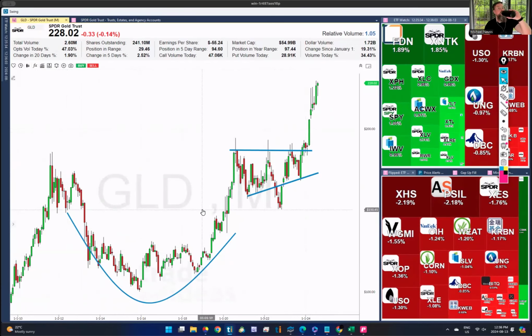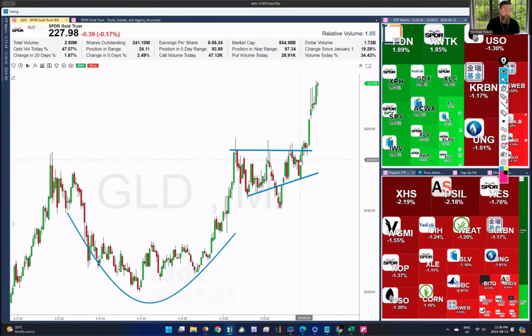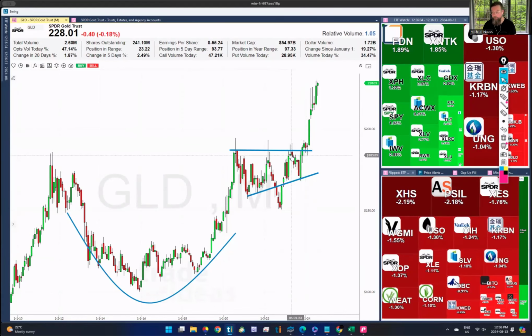I bought some on this breakout in this area, this kind of 190-ish. If I'm in something, I'll always tell you guys just to make that clear, and any bias that I can come up with. So right here, we have this amazing push right in here with this long-term cup and handle.